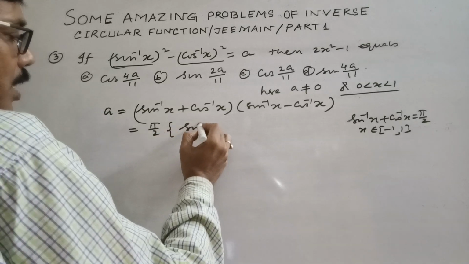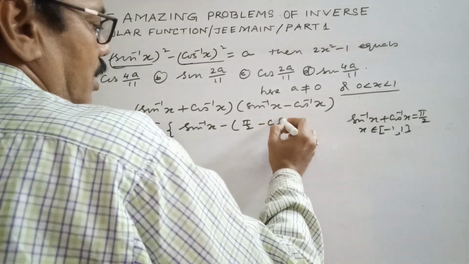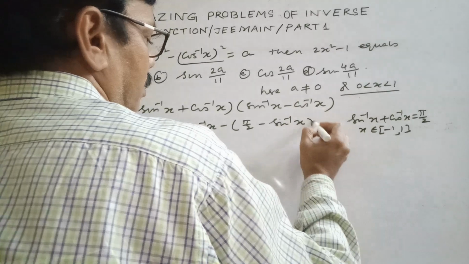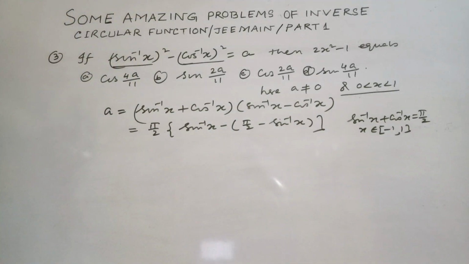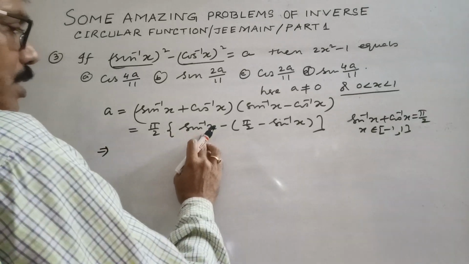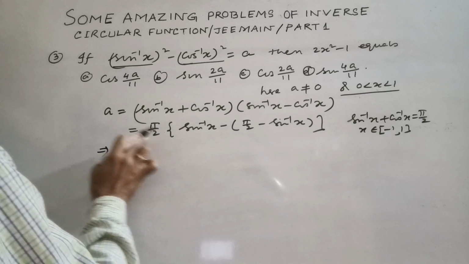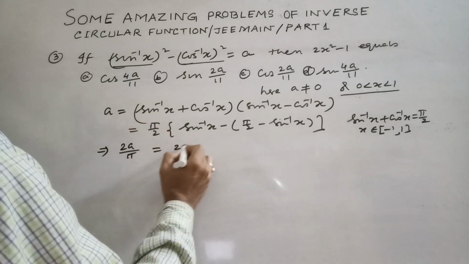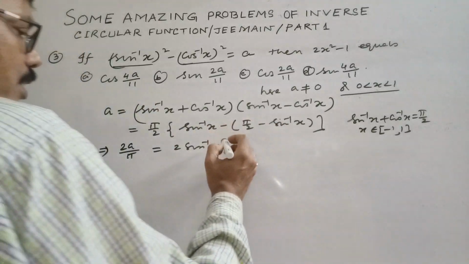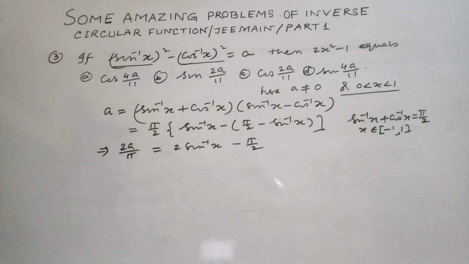And this is the equation. So you write it in terms of the same inverse circular function. So we are getting sin inverse x, sin inverse x. So 2a transferred here by pi: 2 sin inverse x minus pi by 2.